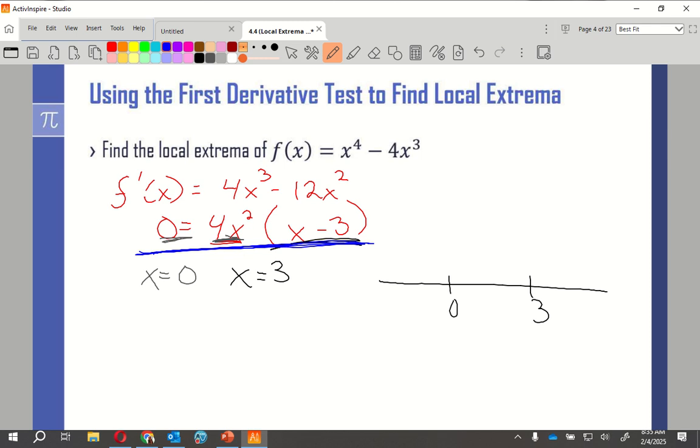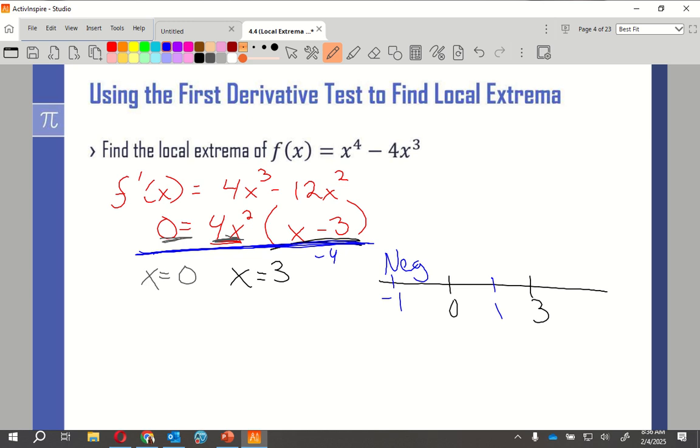So now let's start with negative 1. If I do negative 1, this is going to give me negative 4, right? And if I do negative 1 over here, it becomes positive 1. So that's going to be 4. So I have a positive and a negative, which gives me a negative. All right, let's find another number. Let's do positive 1.